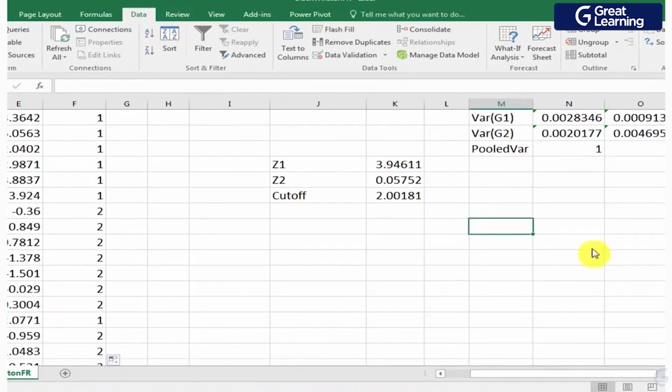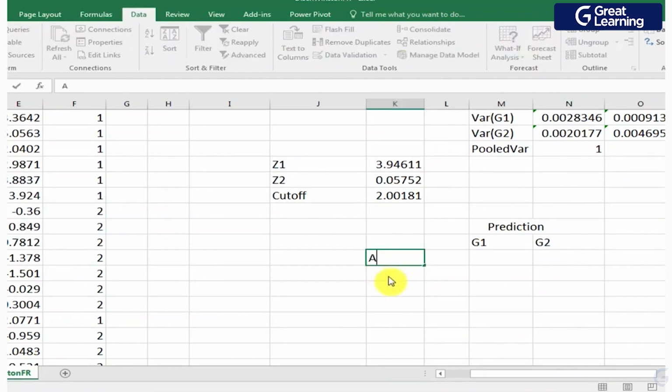Let's say here prediction, and let's say here center, let me put this here somewhere, prediction G1, G2, group 1, group 2. Now actual, okay, G1, G2, okay.